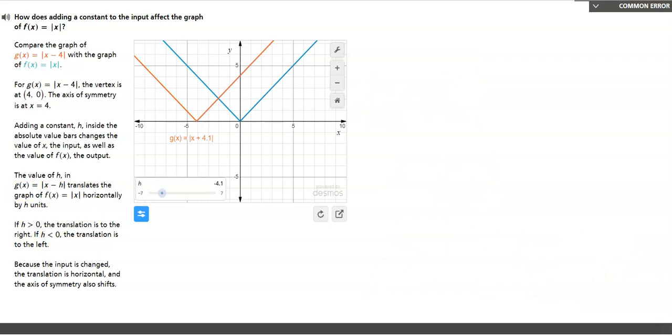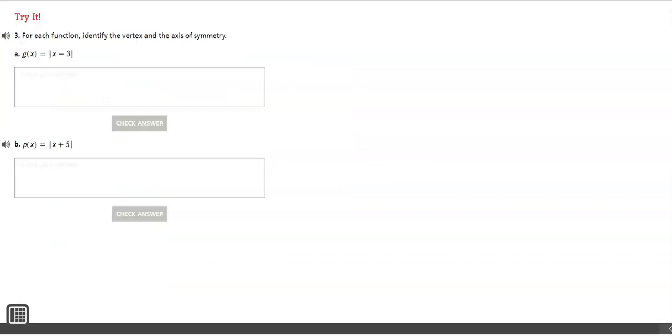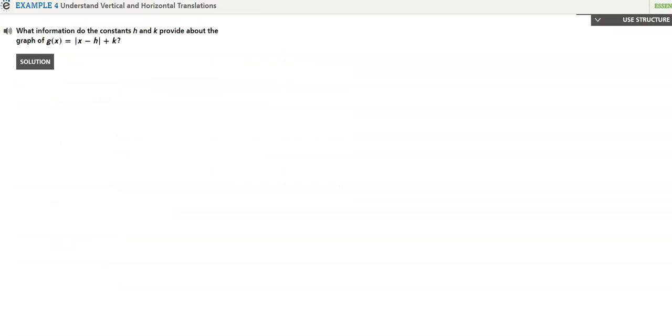So when it says x minus a value, the vertex is actually in positive land. And when it says x plus a value, the vertex is actually in negative land. And so if you need to pause and go back and write all this stuff down in your notes, please do that, because these are the important little pieces you need to know to solve your problems. Take your notes and try 3A and B.